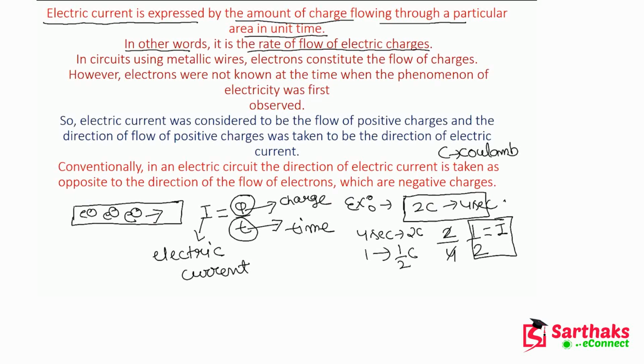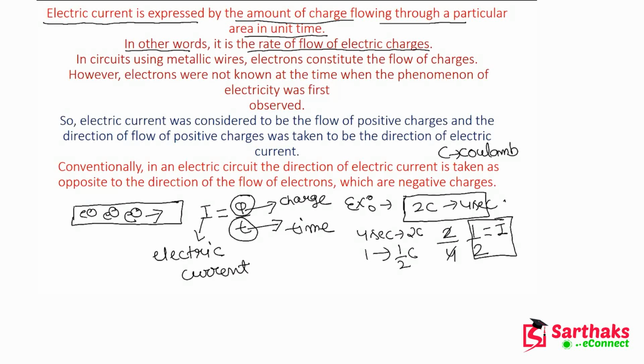In circuits using metallic wires, electrons constitute the flow of charges. However, electrons were not known at the time when the phenomenon of electricity was first observed. So this line is saying that when we first found out about electricity, at that time we didn't know about the electrons.